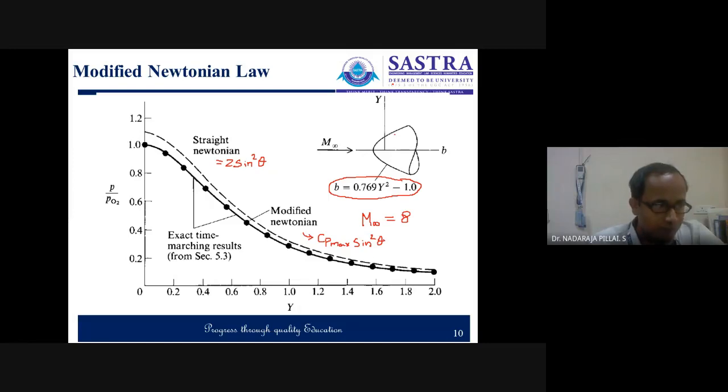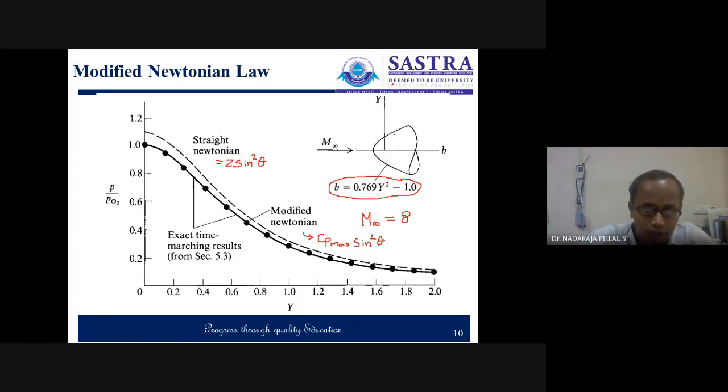So this forces the Newtonian theory to be exact at the stagnation point, where we have a value of Cp max equal to 2. The variation of Cp away from the stagnation point follows the sine square behavior.